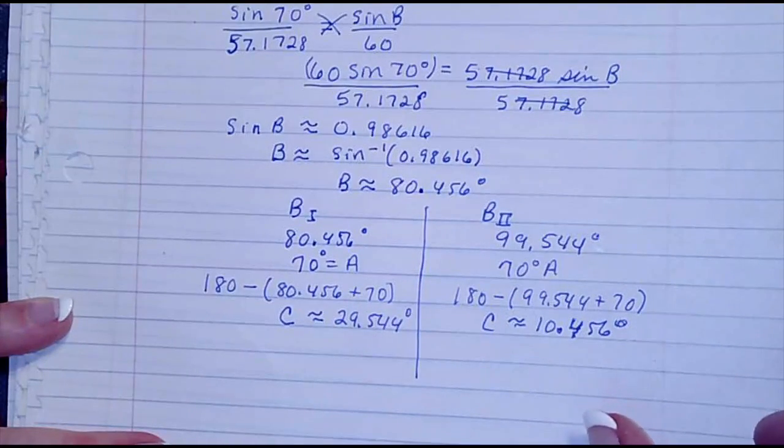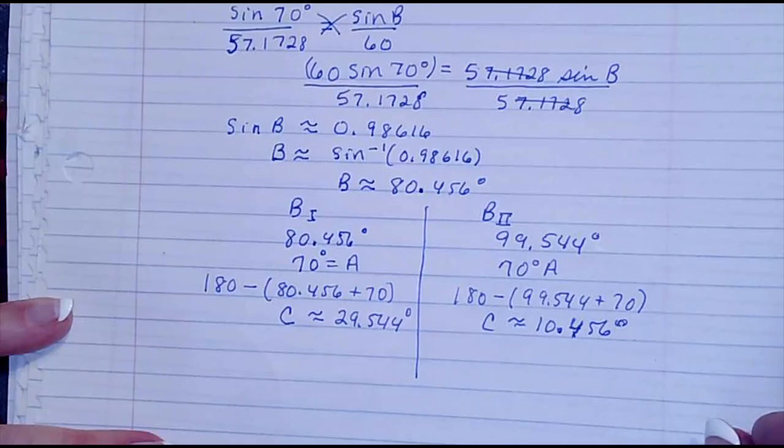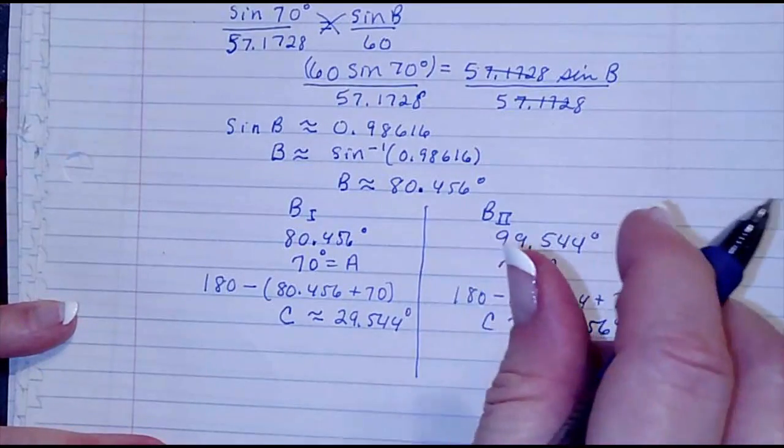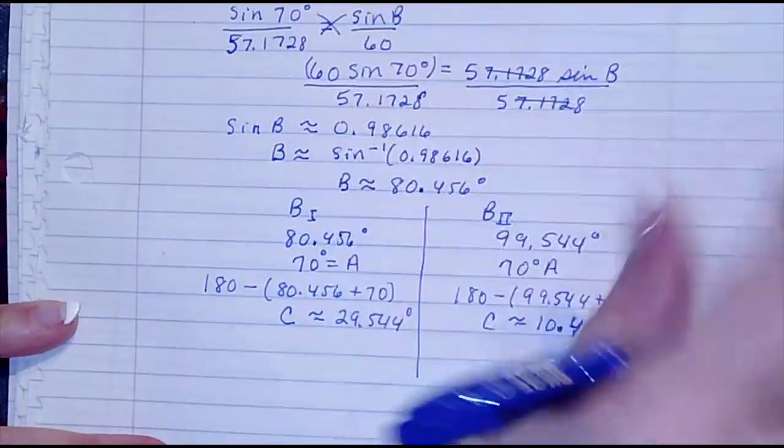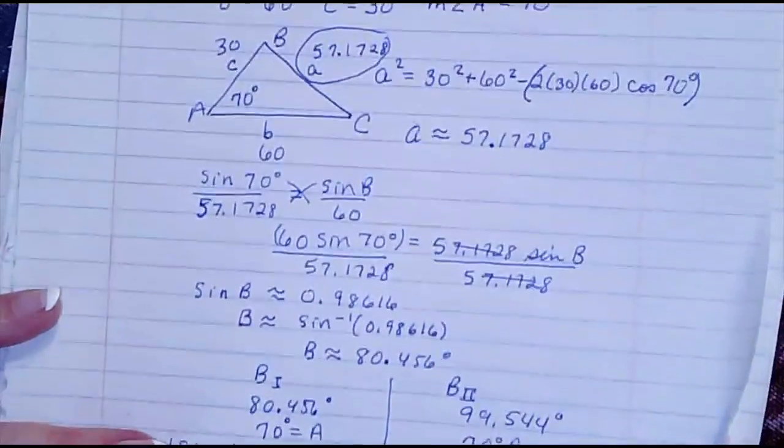Now, so far we found two of the angles, C and B, and we found A. So I guess maybe we found everything we need, right? So we said that lowercase a was 57.1728. Let's pull this down.